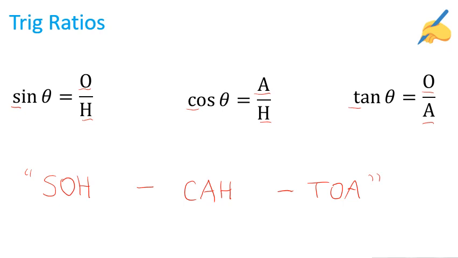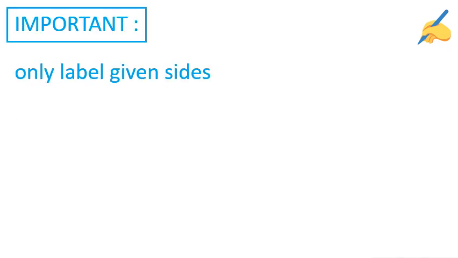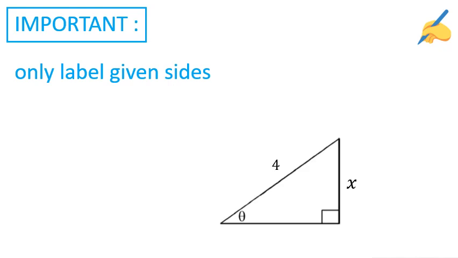It's important that you only label the given sides of a triangle, so sides that have information on it, like a number or a letter. For instance, with this triangle here, I would only label this side because it's got information, and this side here, the given sides.